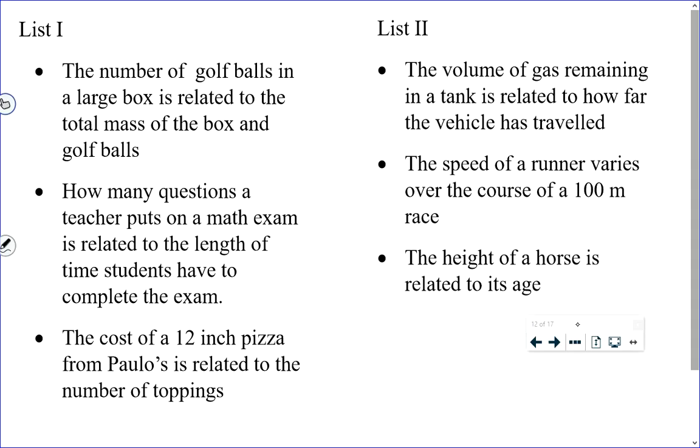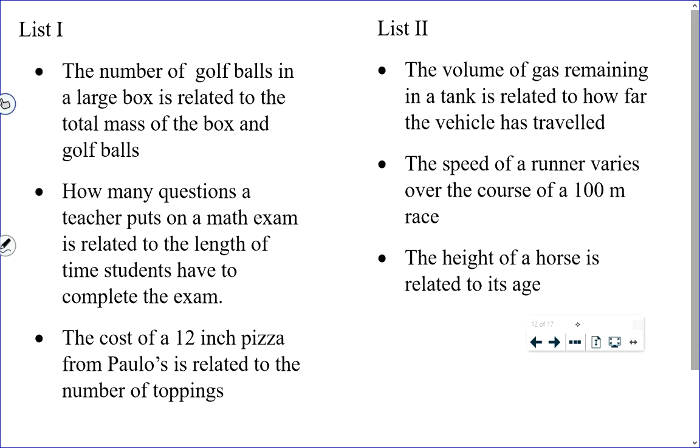List 2: the volume of gas remaining in a tank is related to how far you've been traveling. It's a gas tank in a vehicle. The speed of a runner changes over the course of a 100-meter race, and the height of a horse is related to its age.